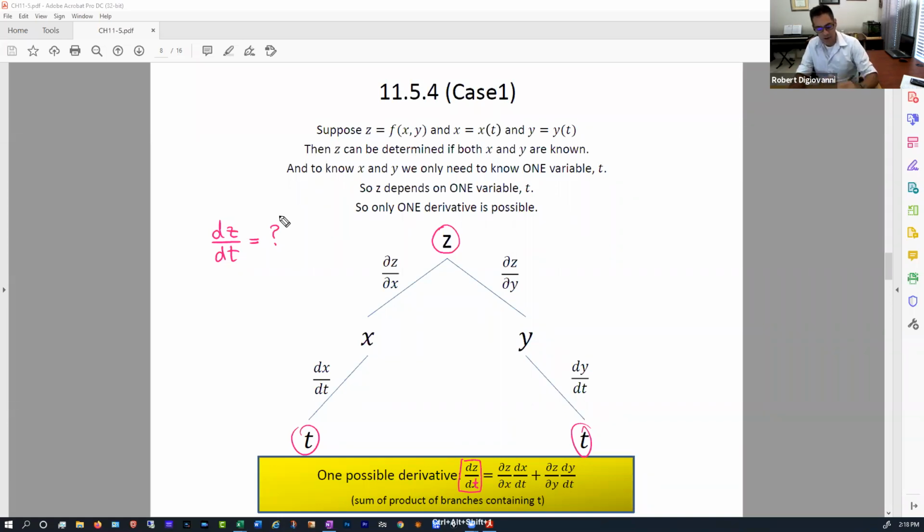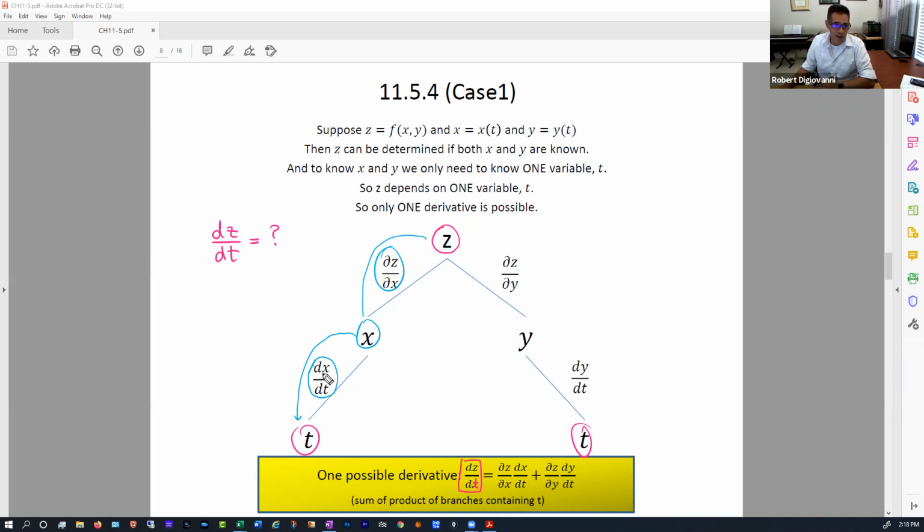So look at this. To get from z to x, you have to know that partial, right? Because you have to hold y constant to get from here to here. But then to get from x to t, since x only depends on t, that's a straight derivative. I call these partial derivatives and I call these straight derivatives. I don't even think that's an appropriate mathematical term.